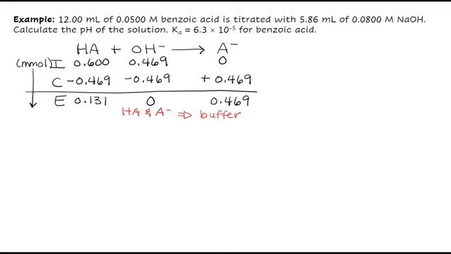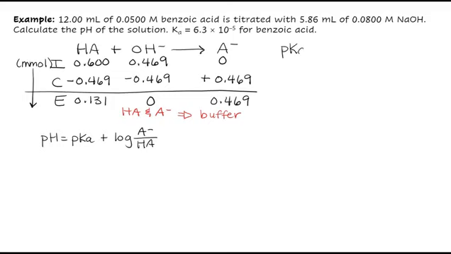Because we're in the buffer zone, we can use the Henderson-Hasselbalch equation, which is pH equals pKa plus log of the base term A- over the acid term HA. We can plug in the millimoles directly into the log term. The other part we need is the pKa. We weren't given pKa in the problem, we were given Ka, so we're going to have to do that calculation.